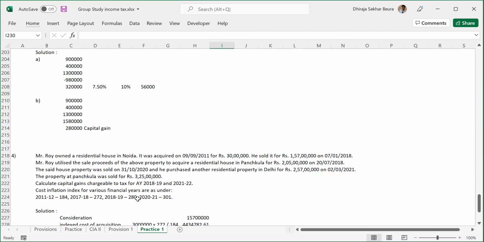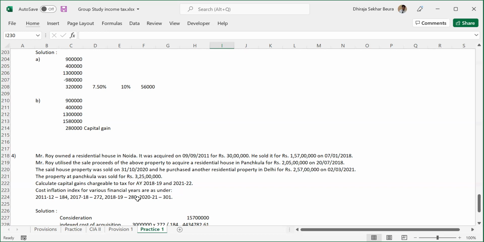Tell me, is this fulfilling the conditions of the exemption provision? Yes, absolutely. He purchased it within the time limit, so that is absolutely fine. He is eligible for the exemption.